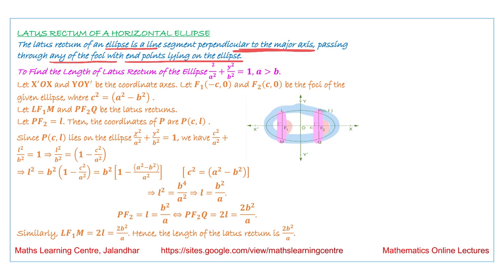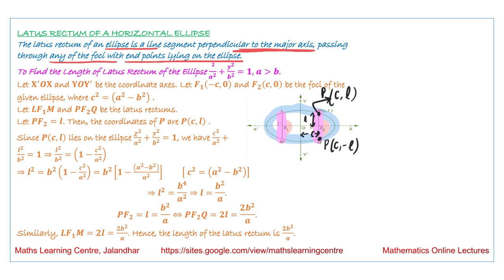To find the length, we are considering this length as L. This focus is at a distance of c. So clearly this end point P has coordinates (c, L), and the coordinates of this point Q will be (c, minus L).